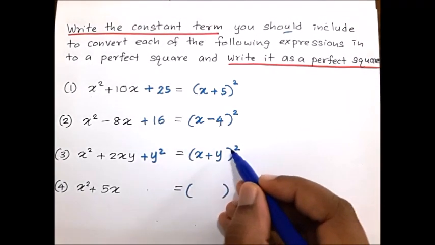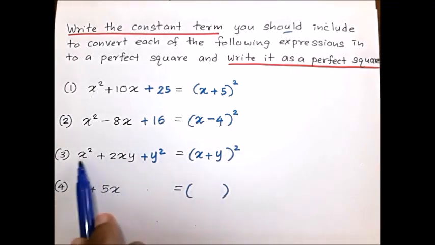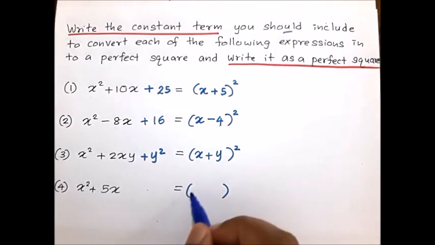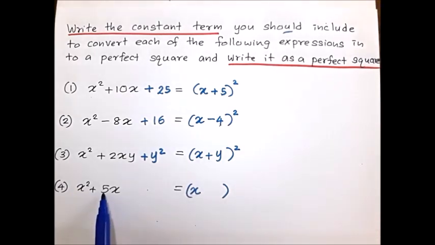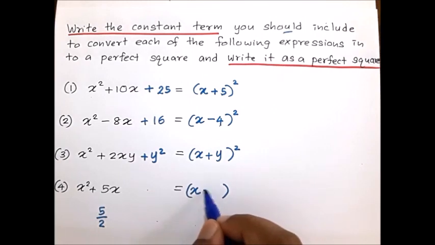x plus y squared equal to these three terms. Here first term is x. So write x here. Here coefficient of x is 5. You have to divide it by 2. 5 divided by 2.